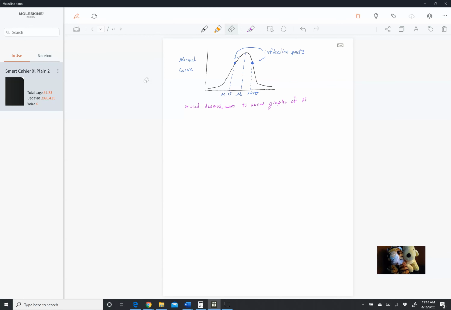Just for people looking at the board notes, this might be helpful. And the way that you would graph it is you would type in the normal distribution, and then the mean and the standard deviation. So for right now, that doesn't mean very much to you, but somebody who's only looking at board notes, this might be helpful.